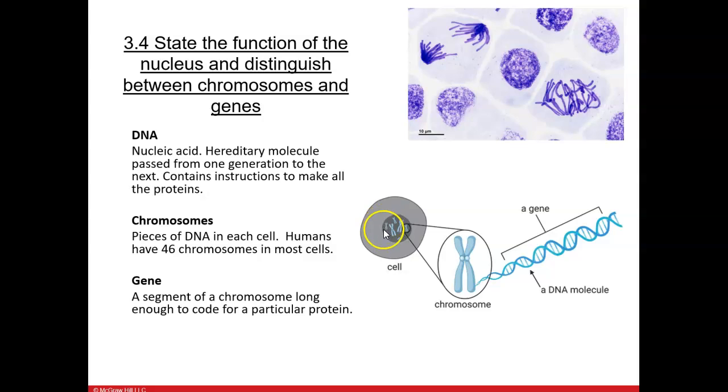This one tells you how to make meat. This one tells you how to make casseroles and whatever you like to make. Oh, there's a pasta recipes. So the chromosomes are going to be the separate chapters. A gene is going to be one page in the chapter. So here's one recipe that tells you how to make one certain kind of cake. In the human body, it's a recipe that tells you how to make one certain kind of protein. So DNA, chromosomes, and genes.